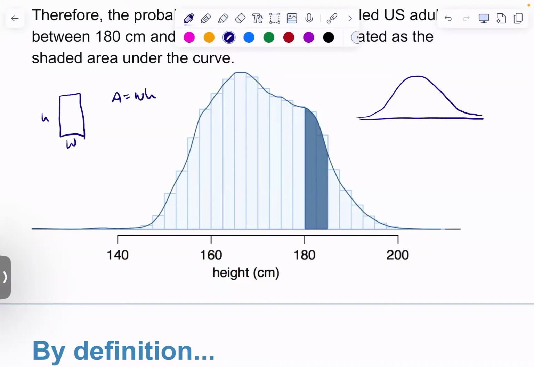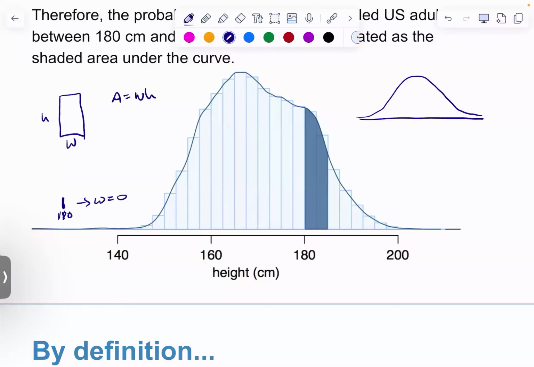The probability at 180 would have a width from 180 to 180, a width of 0, which means the area is technically 0. 0 times any height, it doesn't matter.